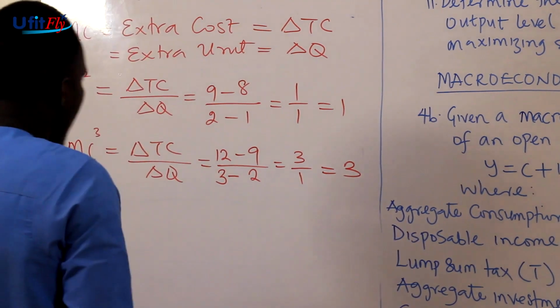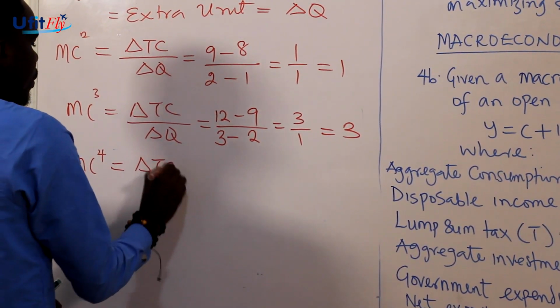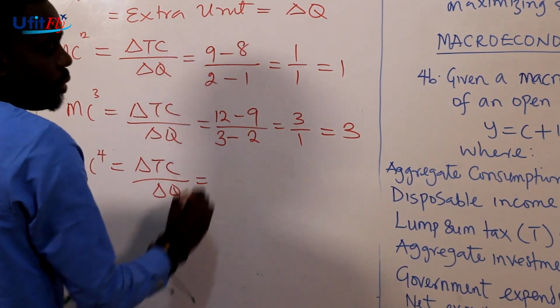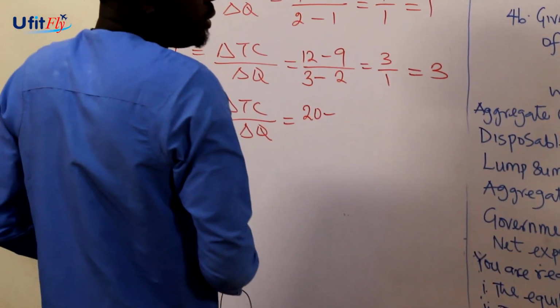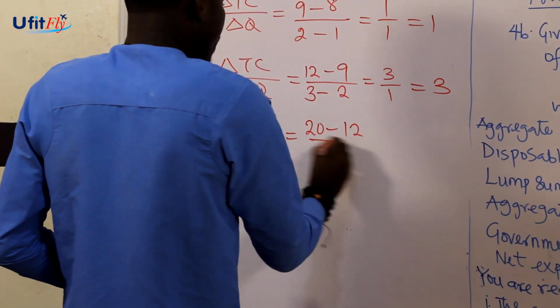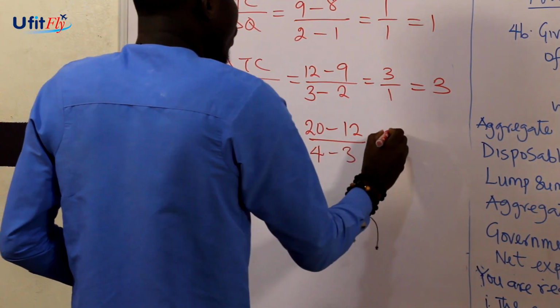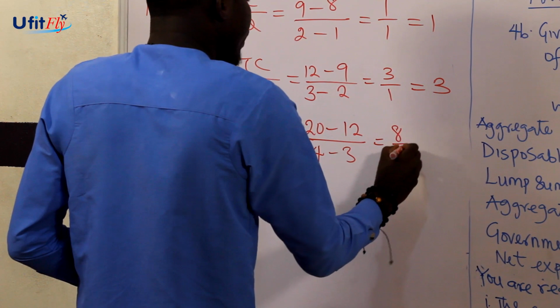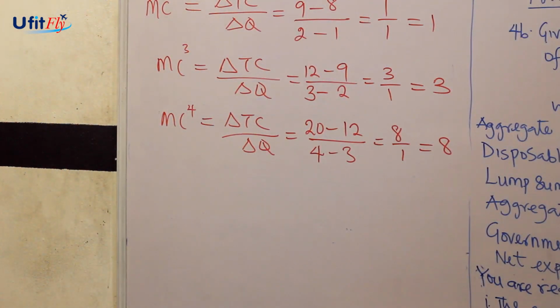At output 4, the total cost is 20. The initial cost is 12. The quantity 4 minus 3. We have 8 divide 1. The marginal cost at output 4 is 8.